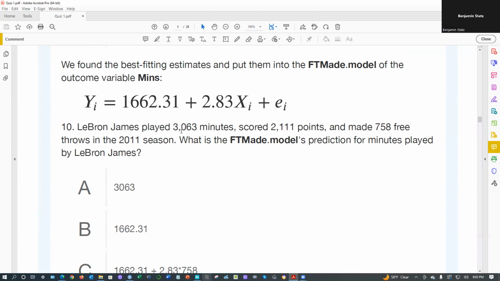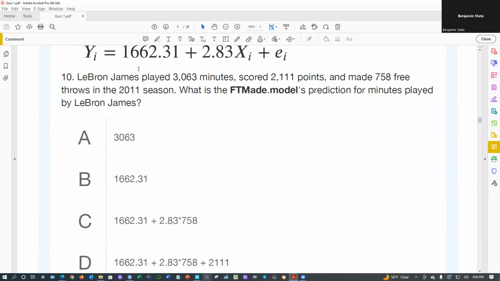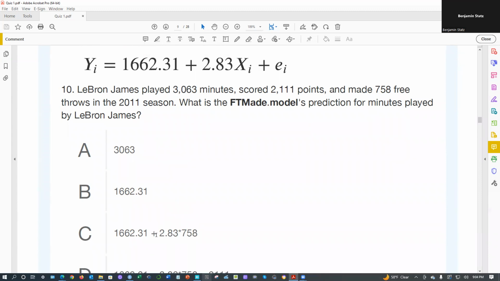Not the minutes he played, and not how many points he scored, 2,000 points. No, that's for the points model, not the FT model. So it is 1,662.31 plus 2.83 times 758.